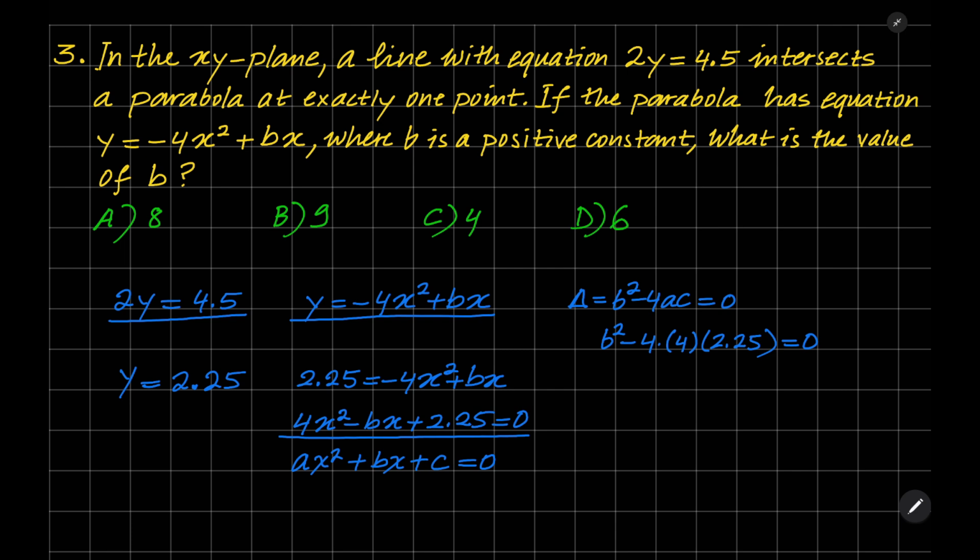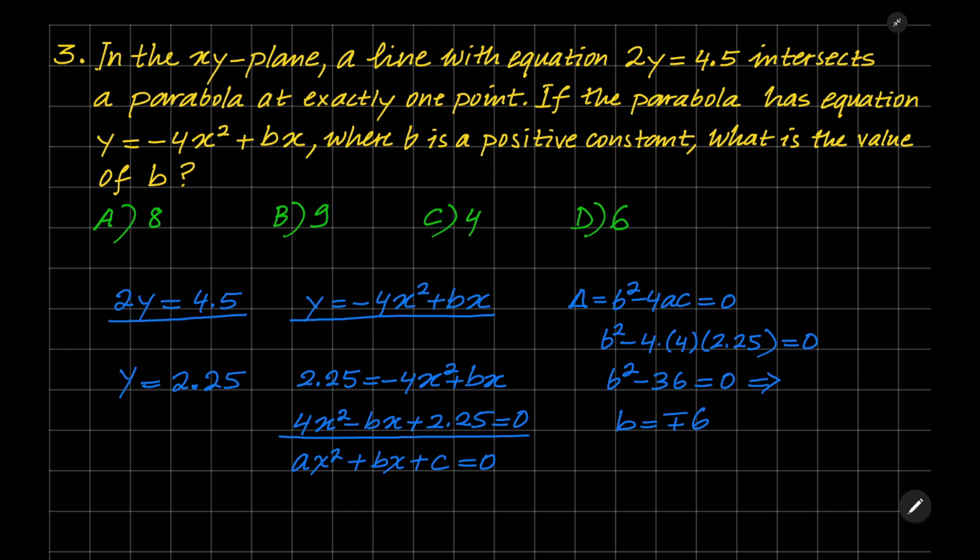And that means b squared minus 36 equal to 0, which implies that b is equal to plus or minus 6.